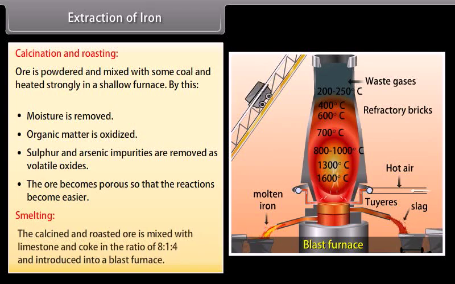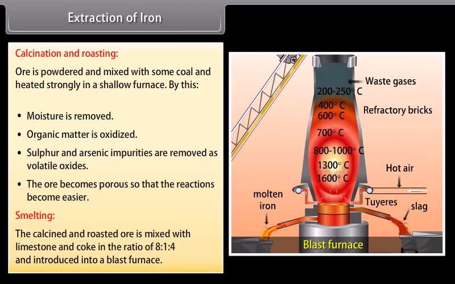Smelting. The calcined and roasted ore is mixed with limestone and coke in the ratio of 8:1:4 and introduced into a blast furnace. Reactions in the blast furnace.